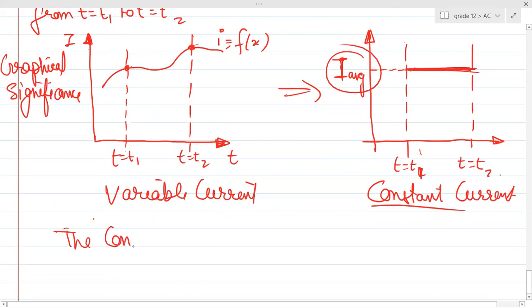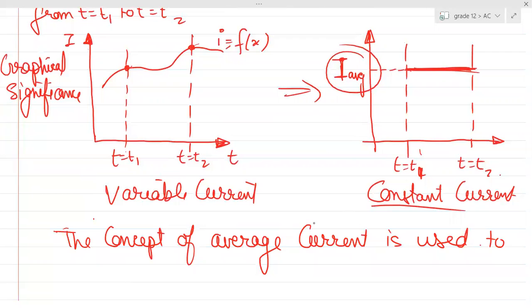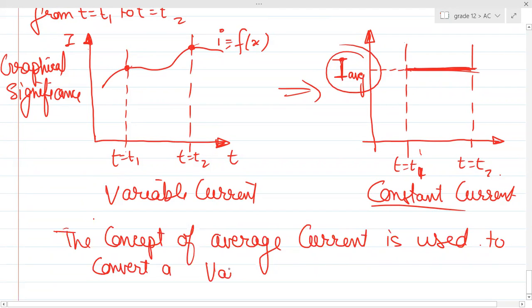The concept of average current is used to convert a variable current, not necessarily an alternating current, whatever variable current, to a constant value of current.